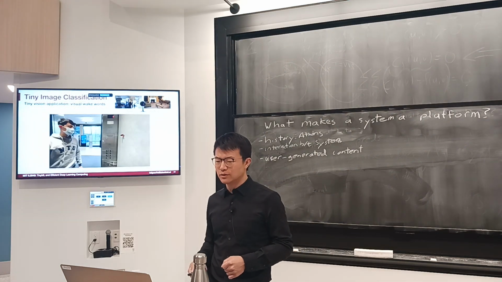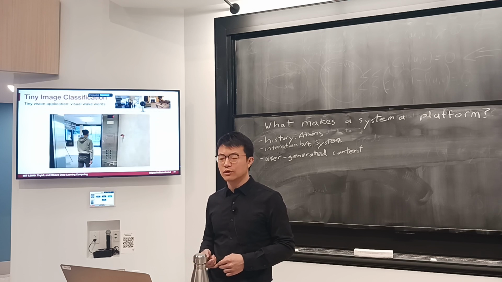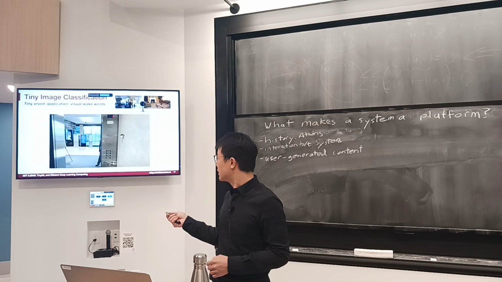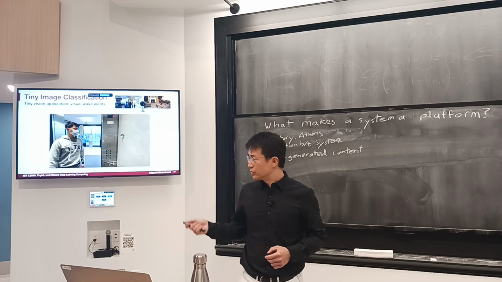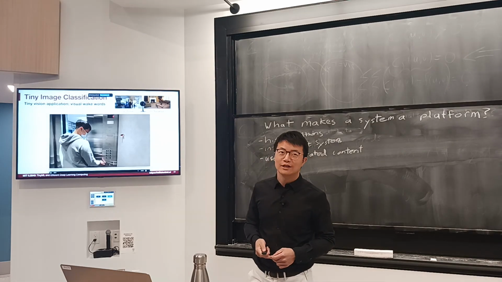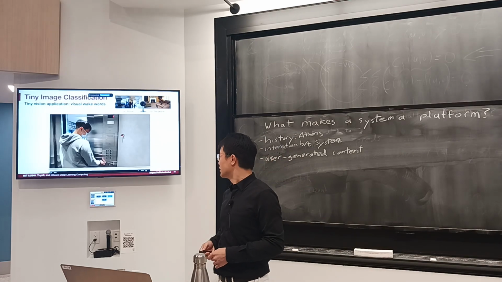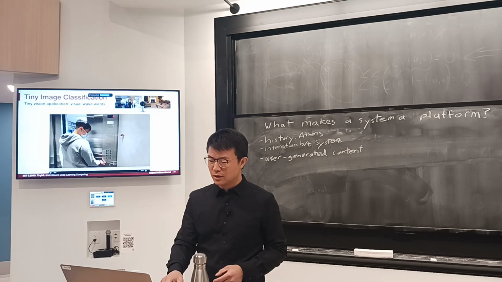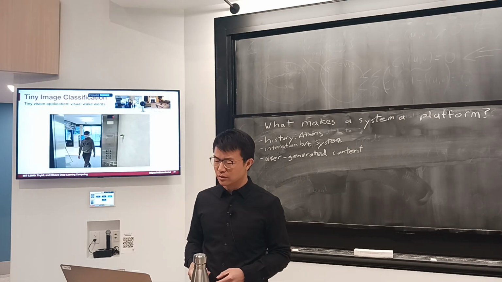And here is a demo we shot in Building 38 in the elevator. This is my postdoc. We have this microcontroller right here with a light. If it is red, it's showing there is a person. If it's green, it's showing there is no person, recognizing them on the microcontroller.